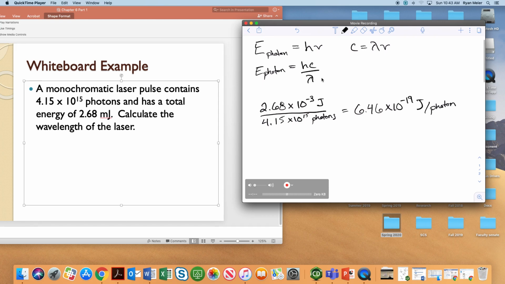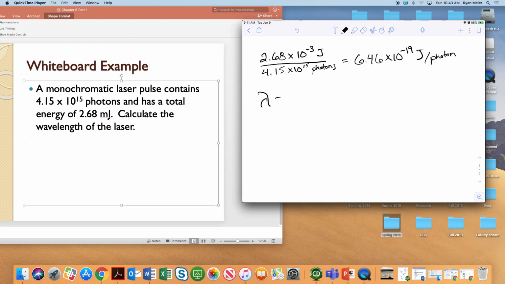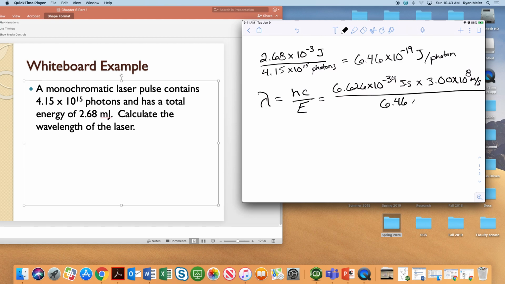Rewriting that top equation, solving for lambda: lambda is equal to hc over the energy, where h, Planck's constant, is 6.626 times 10 to the minus 34 joule seconds, times the speed of light, c, 3.00 times 10 to the 8th meters per second, all divided by E, our energy that we just found, 6.46 times 10 to the minus 19 joules. And at the end of this, we're going to get a wavelength in units of meters.